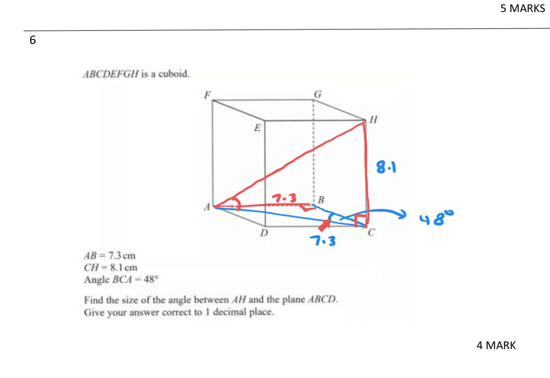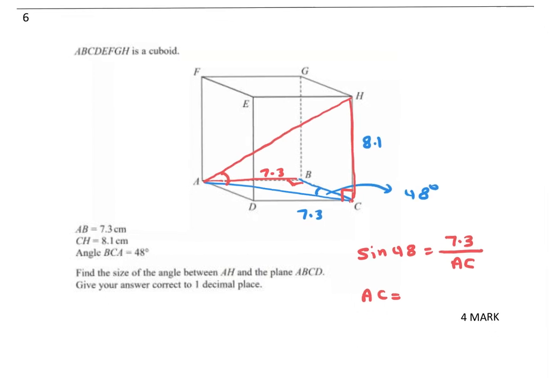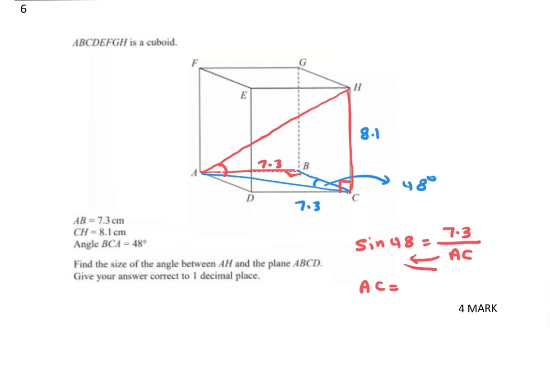And we need to find the hypotenuse. So sine 48 equals the opposite, which is AB, 7.3, over the hypotenuse, which is AC. Then you can find AC, switching between them. So 7.3 over sine 48 equals 9.82 to 3 significant figures.